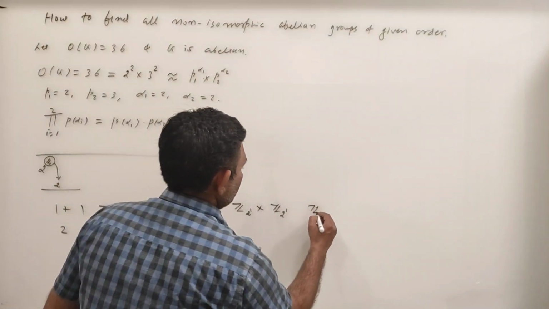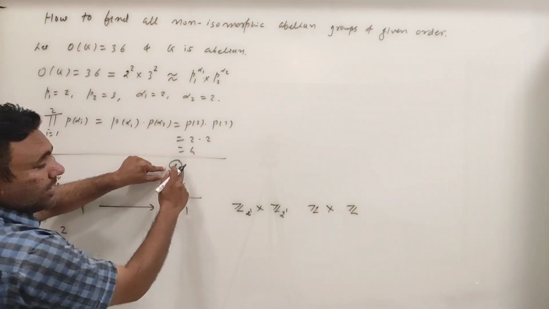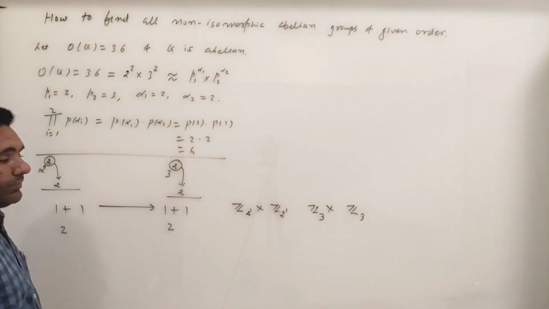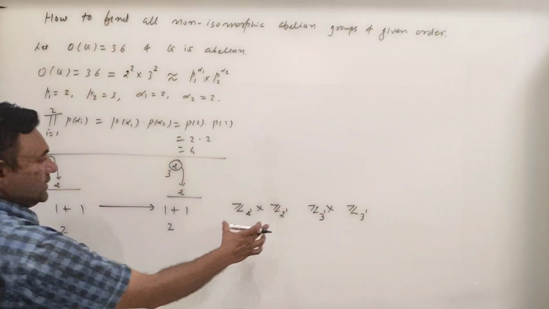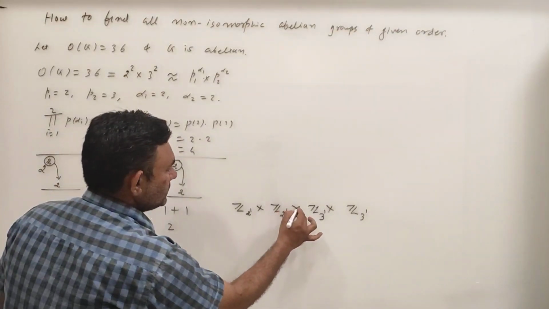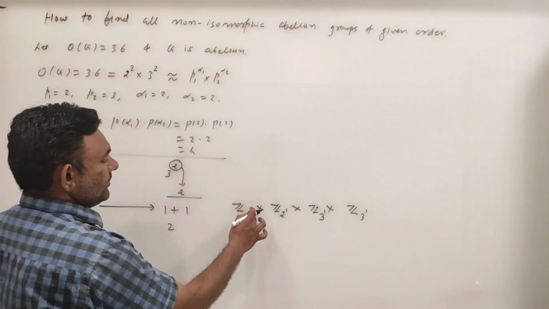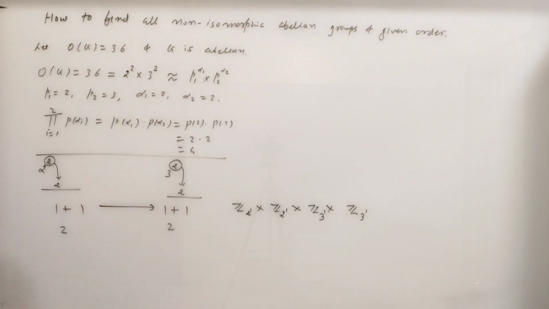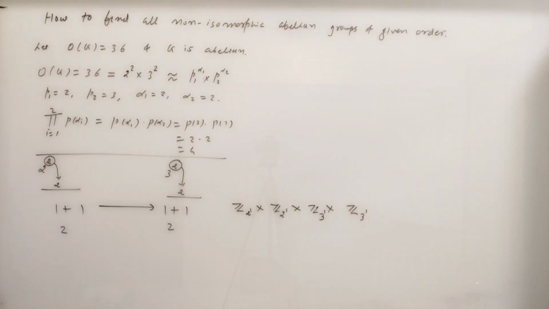So you consider Z3 cross Z3, corresponding to 3 square. So this portion corresponds to this one, and this portion corresponds to this one, and you just take its cross product, right? So no need to write this 1 power. So it is Z2 cross Z2 cross Z3 cross Z3. So this is one group, and its order is 36. 3 into 3 is 9, 9 into 2 is 18, 18 into 2 is 36.